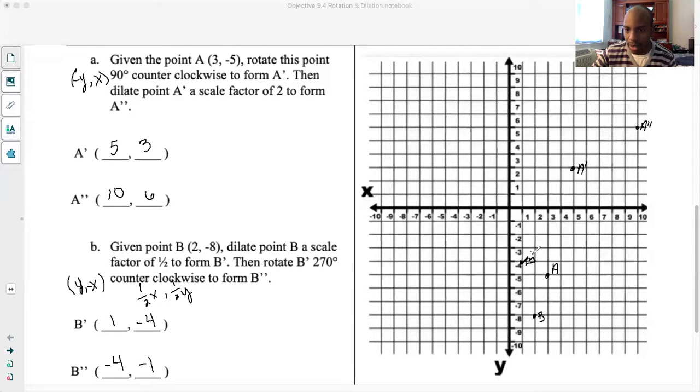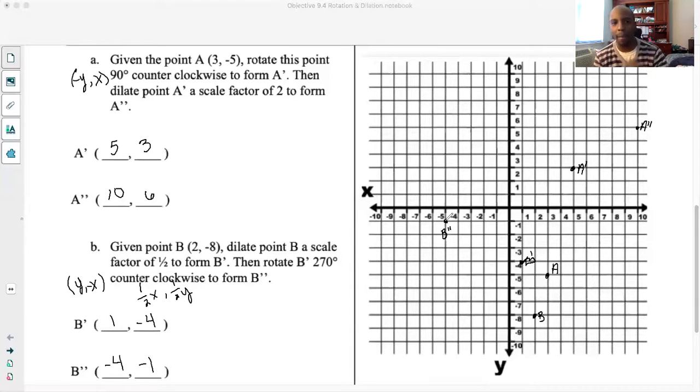Sorry, my B prime is a little weird looking, but it's there. And then finally B double prime, which is (-4, -1), okay? And this is all that we're doing in this lesson. We are rotating and we're dilating, all right? You'll see that there is dilation here, there is a rotation that's happening here.